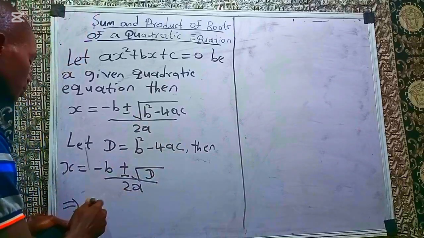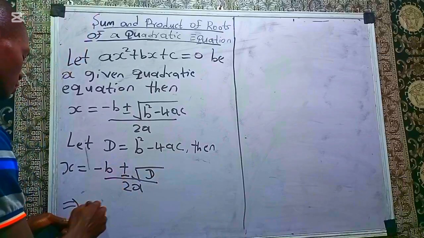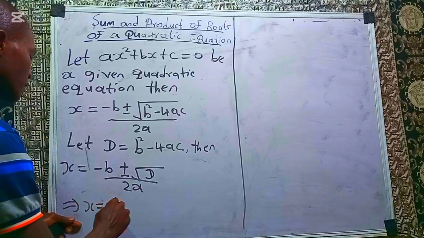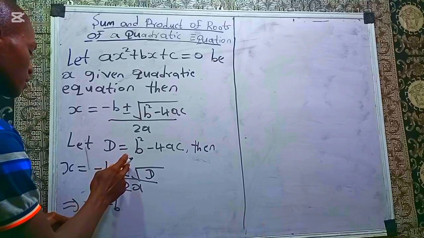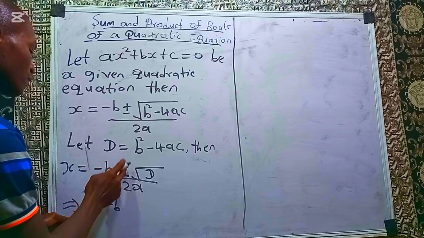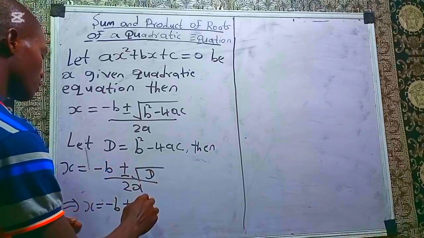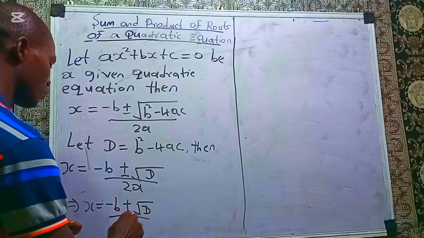Now if you take the positive part, x will be equal to negative b plus the square root of d, divided by 2a.